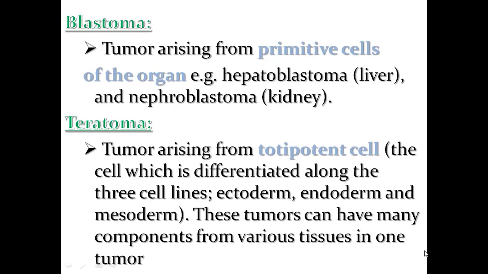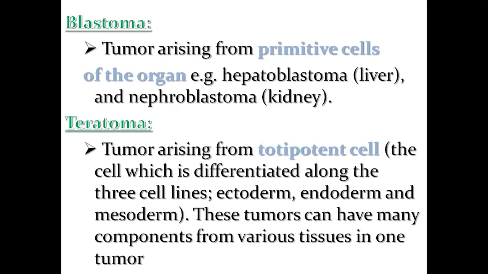So these cells are called totipotent cells. Toti means total, potent means potential. So the cells have total potential. Total potential for what? For dividing into any type of tissue. So imagine that there is a tumor that arises from totipotent cells. This tumor will make a cell proliferation.